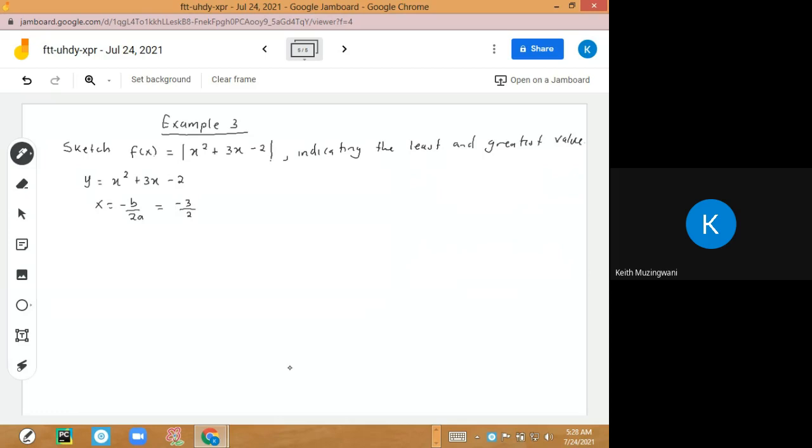If you take this number into y, it will give us a turning point. So we have this number squared plus 3 times negative 3 over 2 minus 2, giving us 9 over 4 minus 9 over 2 minus 2. That is 4 down: 9 minus 18 minus 8, giving us negative 9 minus 8, that's negative 17 over 4.